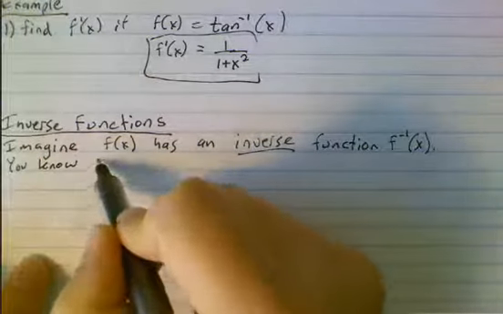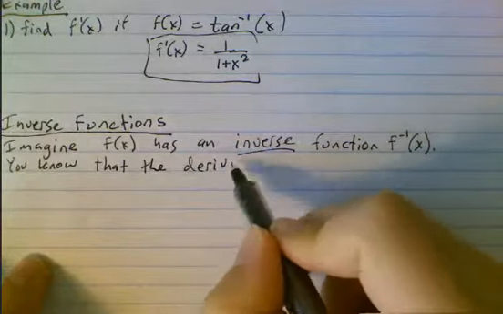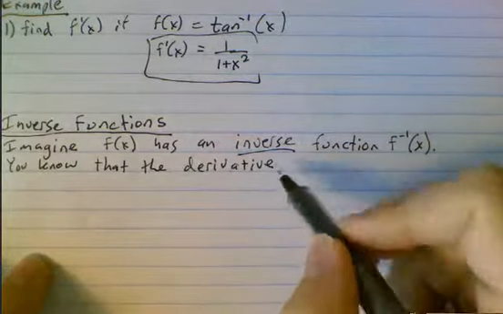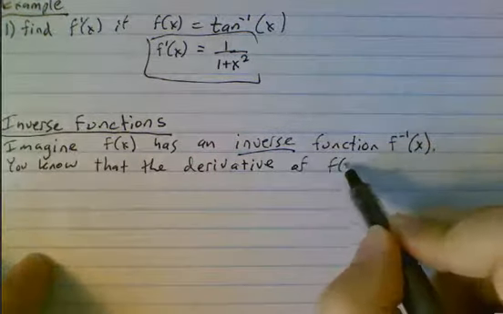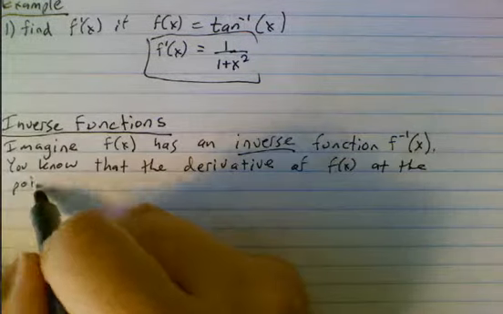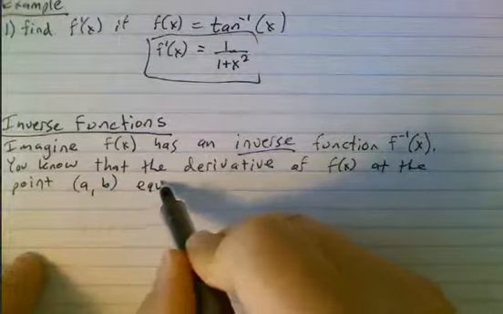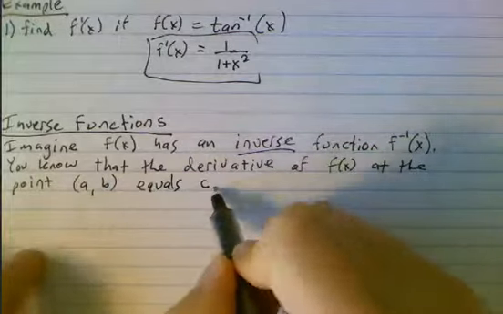You know that the derivative of f of x at the point a comma b equals c.